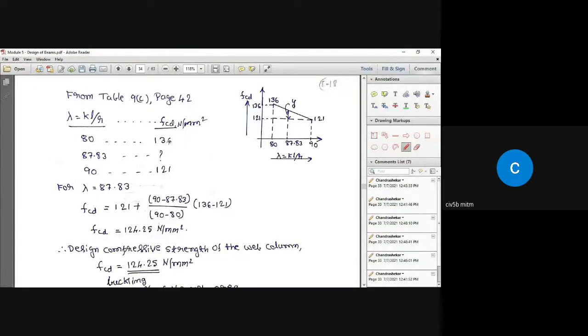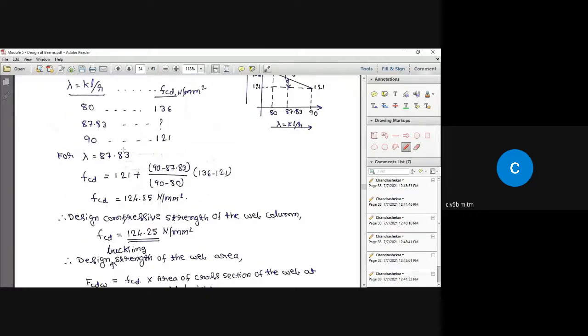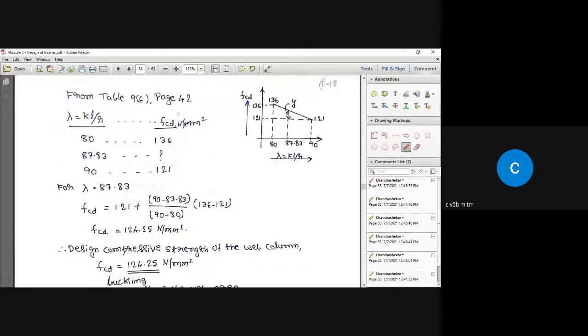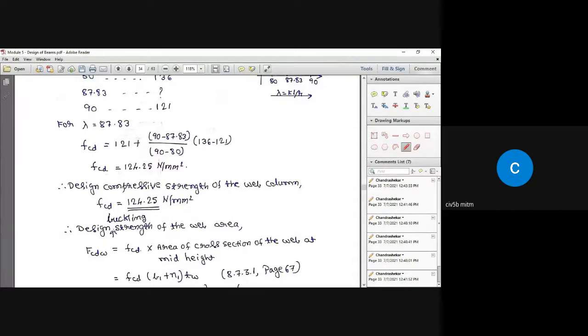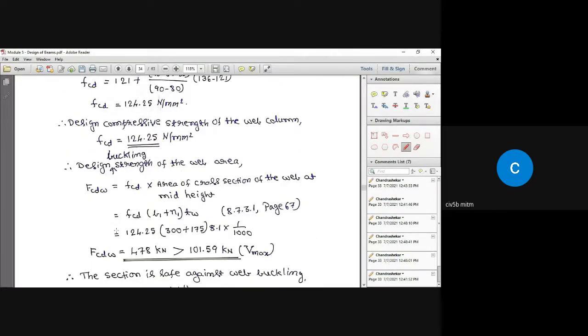Similarly, for 90, it is 121. So 87.83 is the actual KL by r value in our case. We have to do interpolation. By doing interpolation, we got the FCD value equal to 124.25 Newton per millimeter square. That is the design compressive stress of the column.